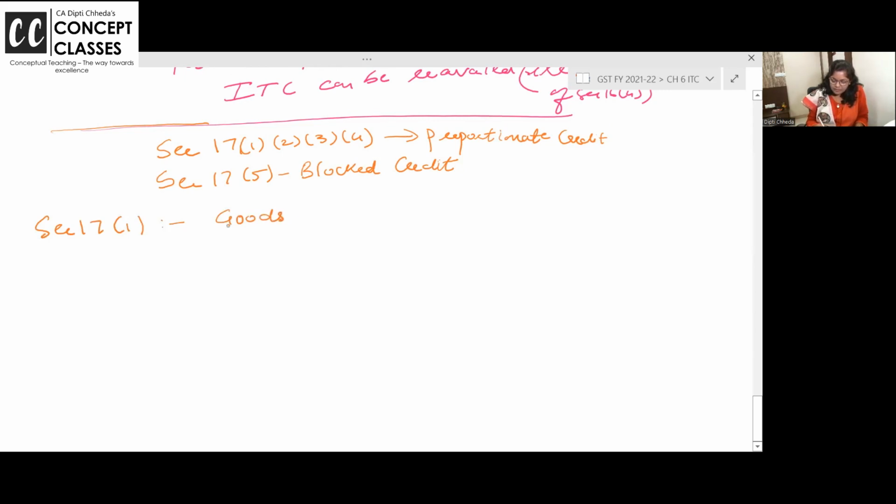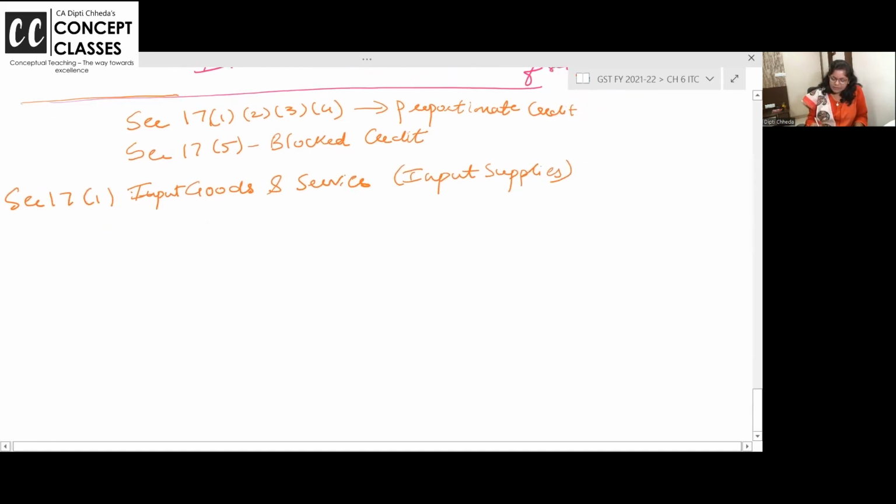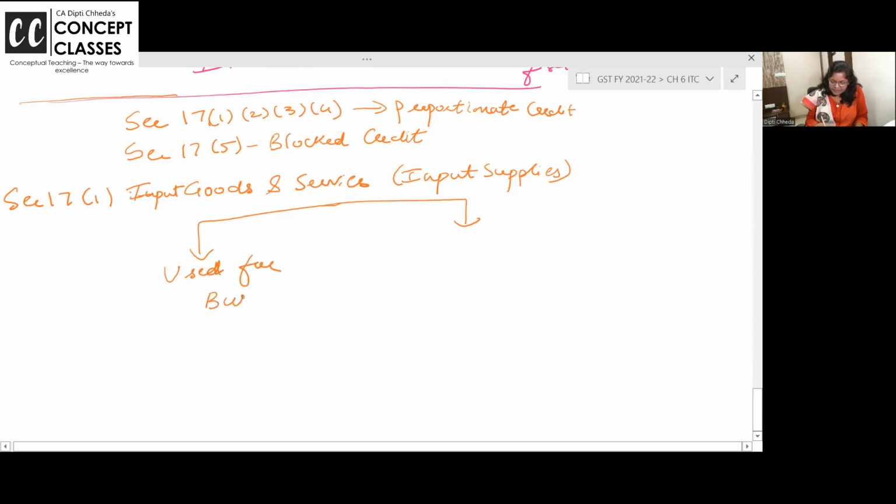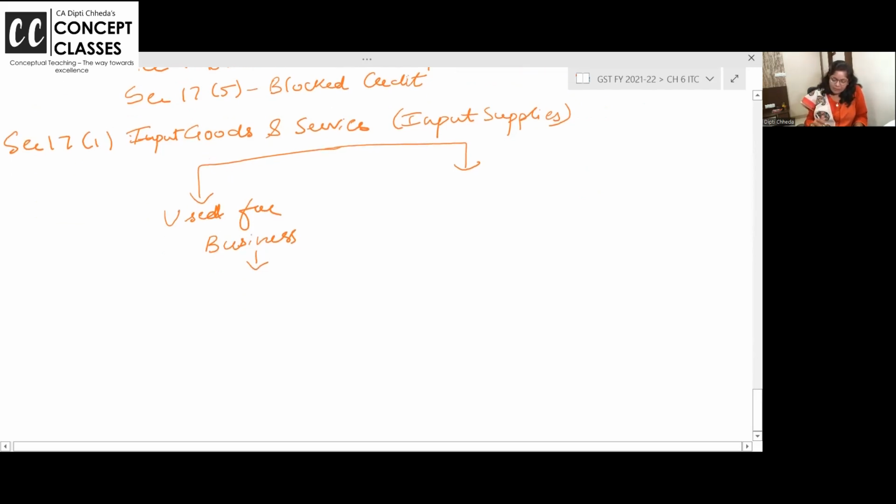Input goods and services. Can I call it input supplies? Are you all with me? Input goods and services, or input supplies, used for business. Whatever input goods and supplies you are receiving and you are using for further business, goods as well as services, ITC is available.